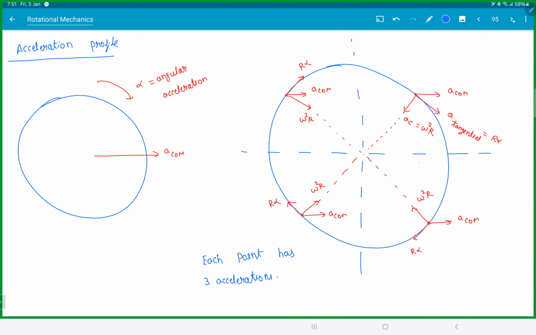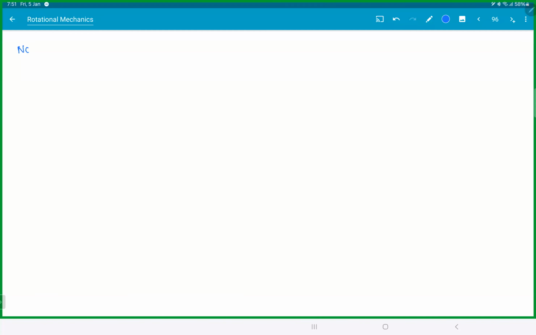Clear with the acceleration profile? Next thing, no slipping condition. Look at the word no slipping. We have done this even in friction also.